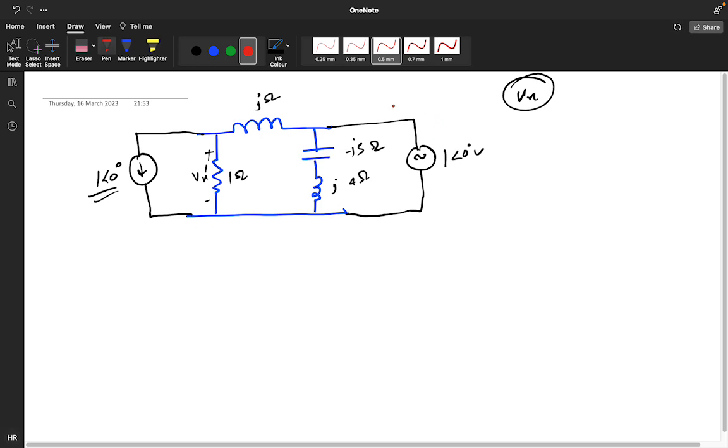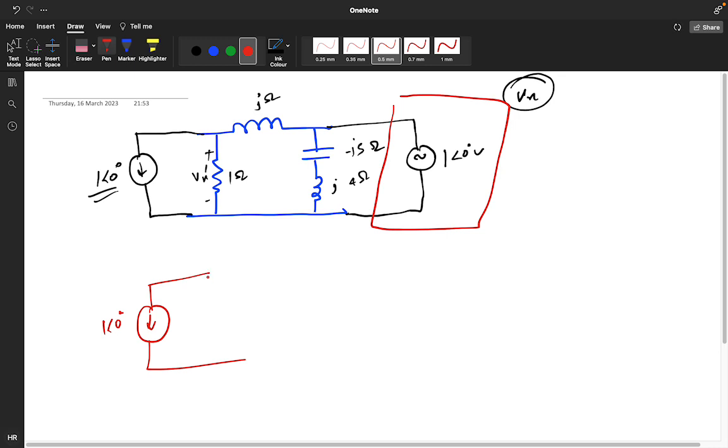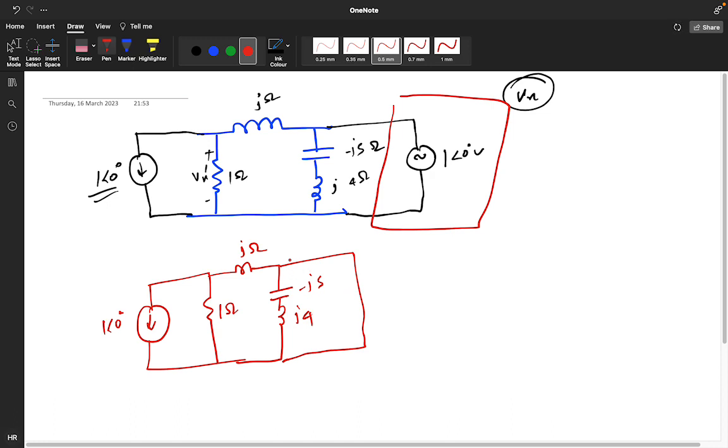I will deactivate this particular source. Then my circuit will be like this: 1 at an angle 0, this will be your 1 ohm, this is your j ohm, this is your minus j5, this is your j4. This is short circuited, so it becomes redundant because it is parallel to this, so current will directly jump from here and it won't affect.